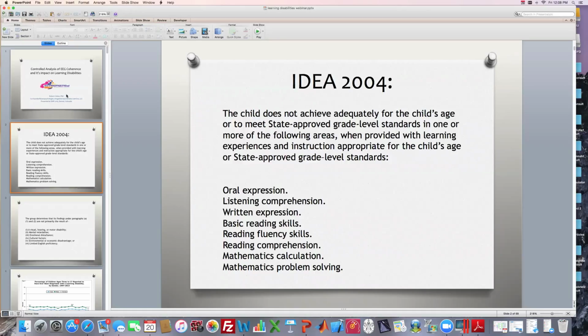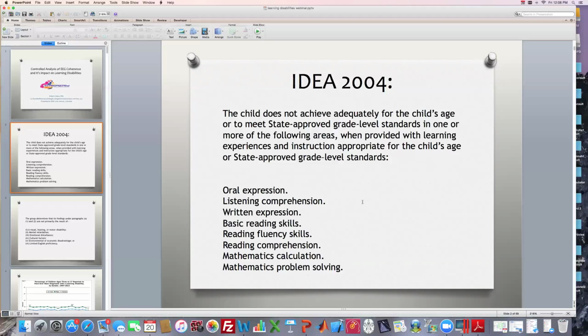And I think we'll talk in a few minutes about what that was, but basically since 2004, to diagnose a learning disability, a child has to show a difficulty in any one or a combination of the following areas, including oral expression, listening comprehension, written expression, basic reading skills, reading fluency skills, reading comprehension, mathematical calculation, or mathematical problem solving. And it just has to be below a standard for their age.